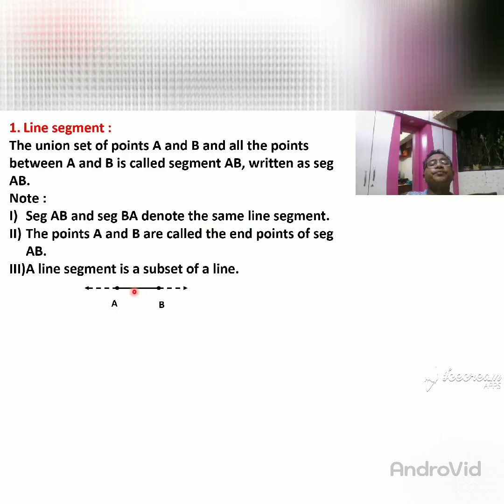Is that clear? The length of the segment is the distance between point A and point B. Point A is called an end point, and point B is also called an end point. Which are the end points of the segment?